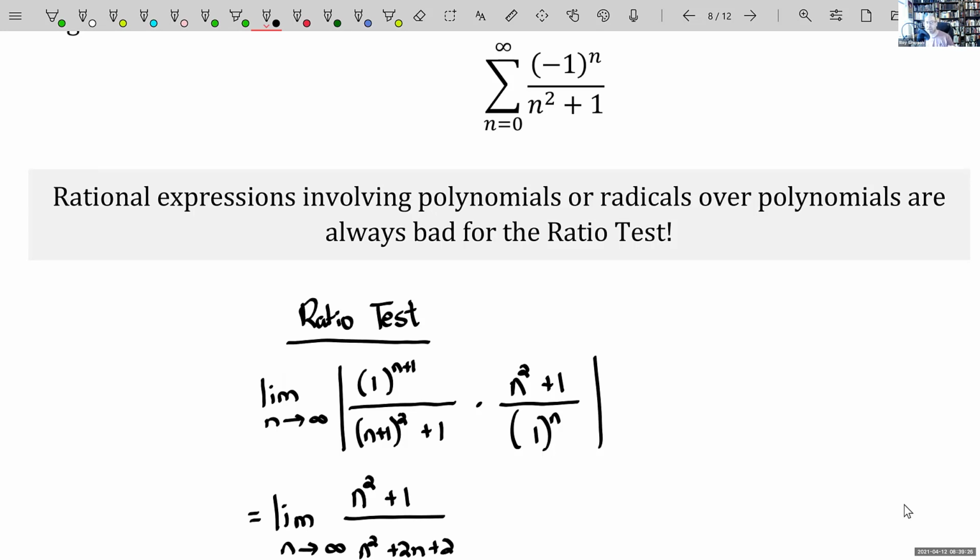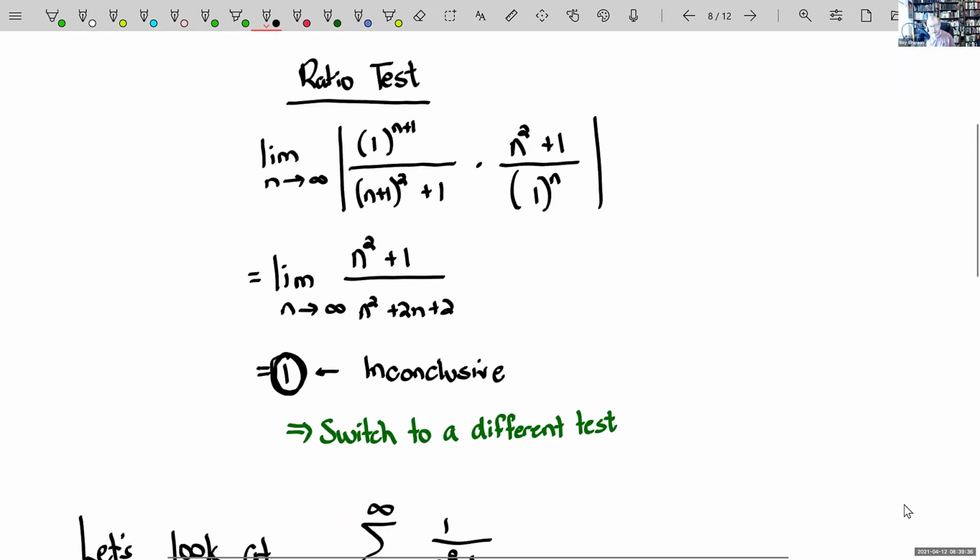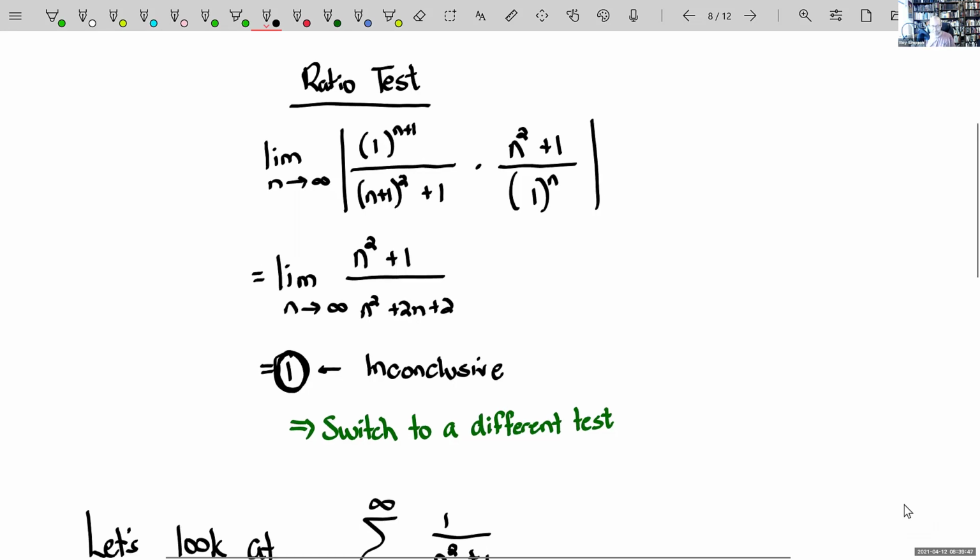You could try them, but they just will always limit to 1. And so they'll always be inconclusive for the ratio test. You don't have to memorize that because it only took a moment for me to figure out it was inconclusive and I had to switch to a different test. But it is helpful in the long run just to know when you can and cannot use the ratio test.